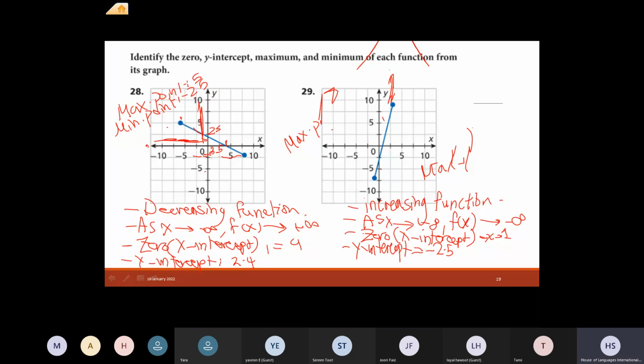So you will say f of x goes to positive infinity. Teacher, can we say as x goes to positive infinity too? Yeah, you can. Okay, I must continue and say negative infinity, positive infinity.